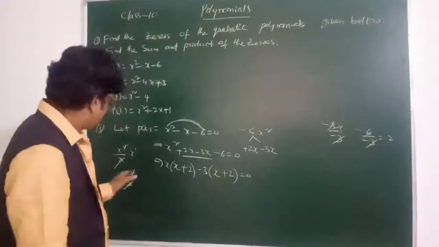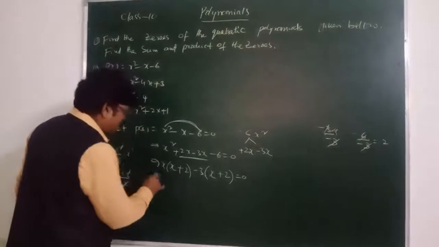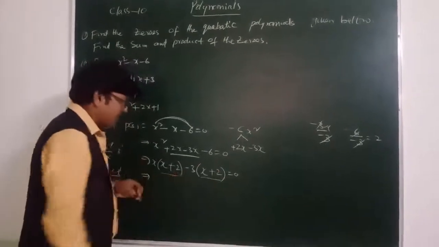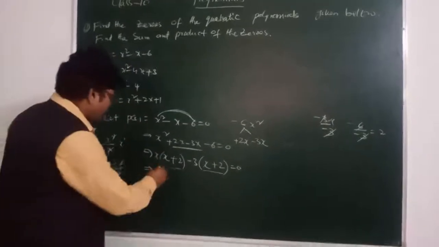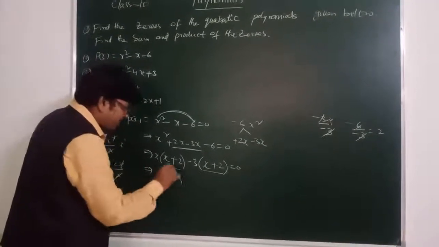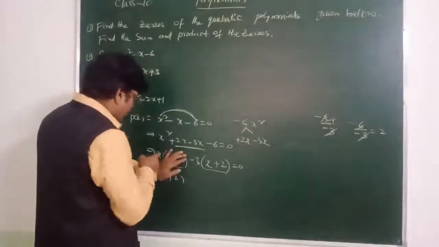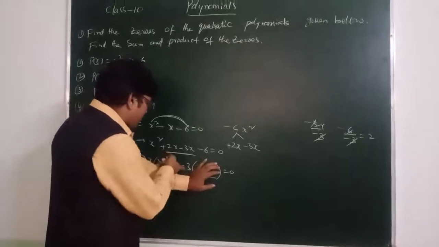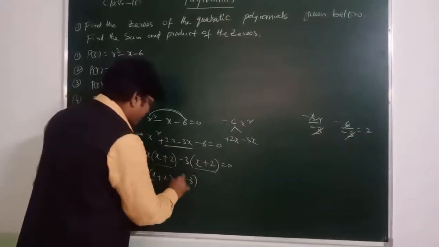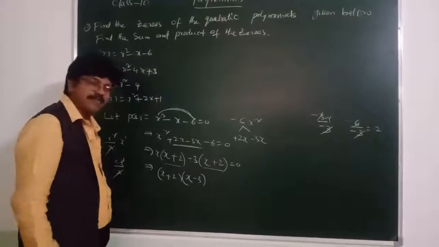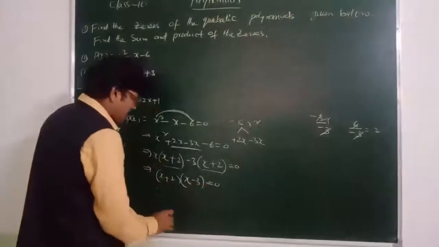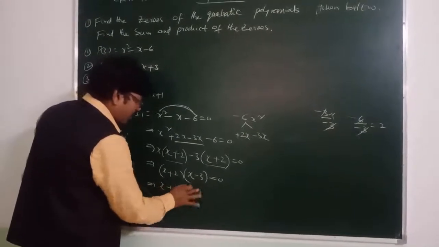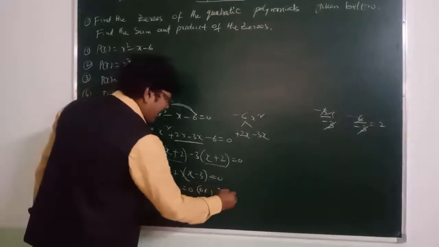Okay. Next, here x plus 2. So total expression, x plus 2 common. If we take x plus 2 common, what is left over here? x. And what is left over here? Minus 3. So x plus 2 times x minus 3 equal to 0. So x plus 2 equal to 0 or x minus 3 equal to 0.